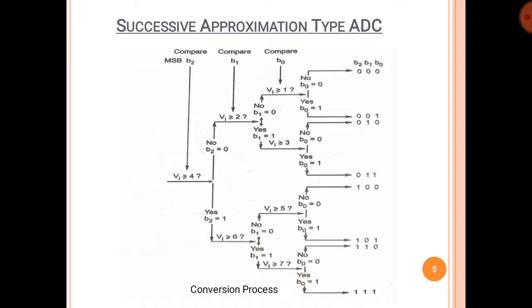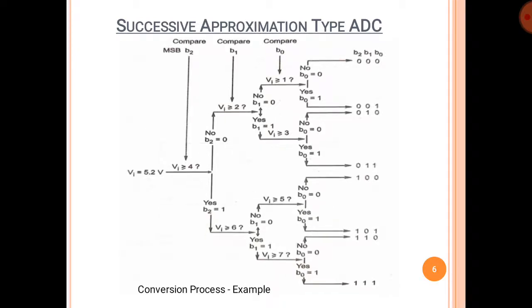Let us take one example. The input voltage 5.2 volts is the analog input, which is to be converted into digital form. I will first compare the external input 5.2 volts with 4, because with 3 bits we will have 3 weights, 4, 2 and 1, and the highest order is 4.